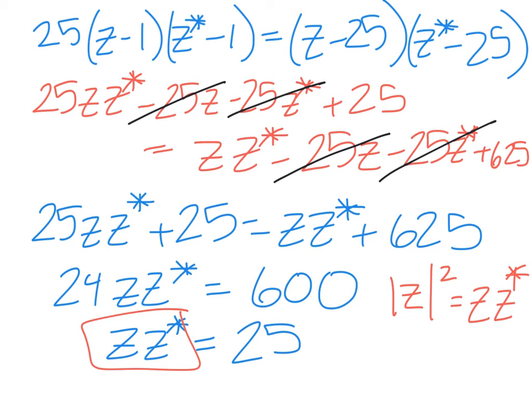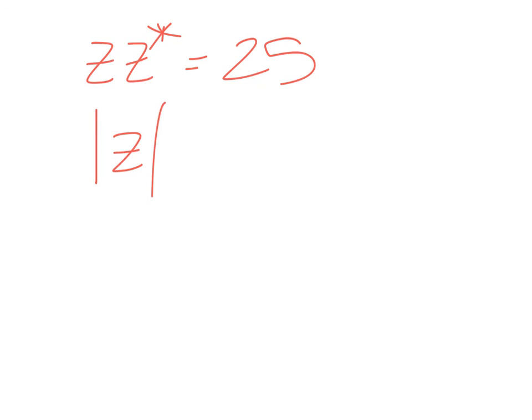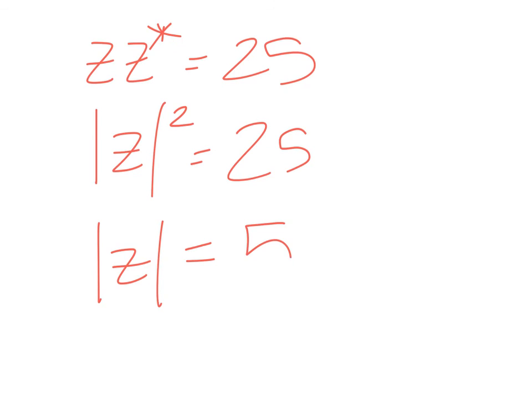So this, z times z star equals 25, is the same thing as the modulus of z squared equals 25, so therefore the modulus of z would have to equal 5. Technically we do our plus minus square root, but our modulus is going to be positive. It's a certain length away from the origin, so that's a positive length. Hopefully that was helpful.